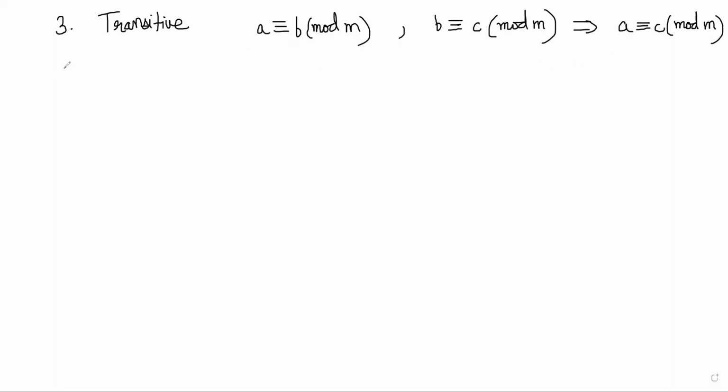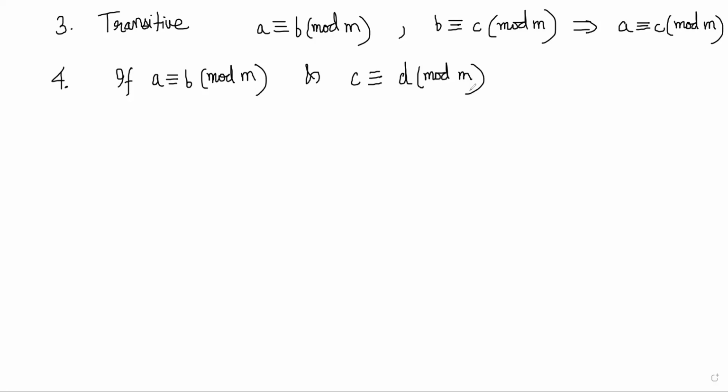The fourth property here is if A is congruent to B mod M and C is congruent to D mod M, then A plus minus C will be congruent to B plus minus D mod M. All of these properties, by the way, can be proven by the definitions.